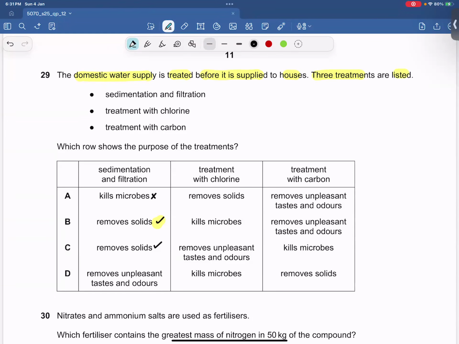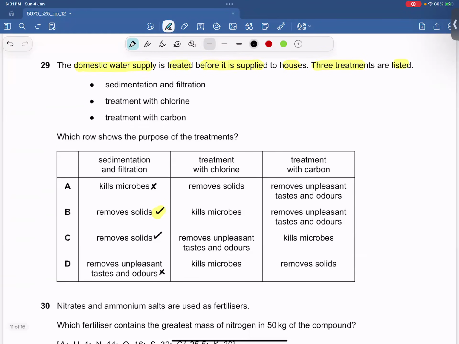Removes unpleasant taste and odor, that carbon or charcoal usually does during the procedure. Treatment with chlorine kills microbes because chlorine is used to remove germs and bacteria. Treatment with carbon removes unpleasant taste and odor, so that must be the B option.